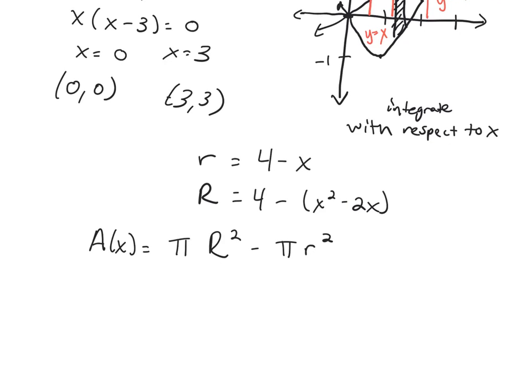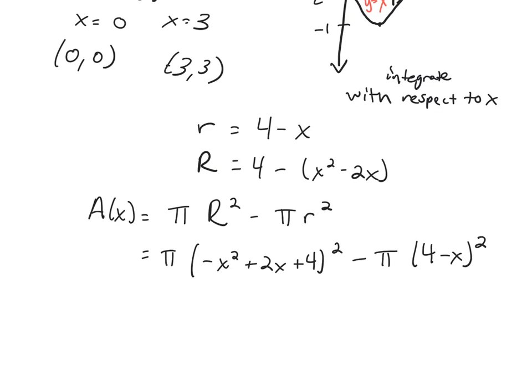Okay? So pi times big R squared, negative x squared plus 2x plus 4, squared, minus pi times (4 minus x squared). You can maybe see why I did this simplification first.